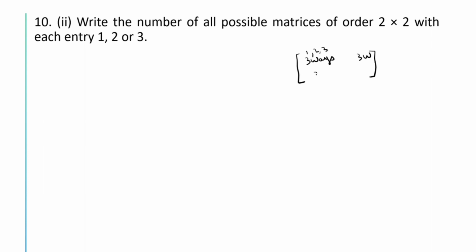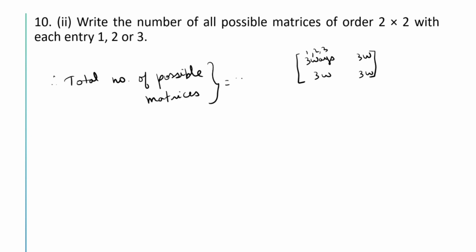Here 3 ways and here 3 ways. So the total number of possible matrices will be equal to 3 raised to 4, that is equal to 81.